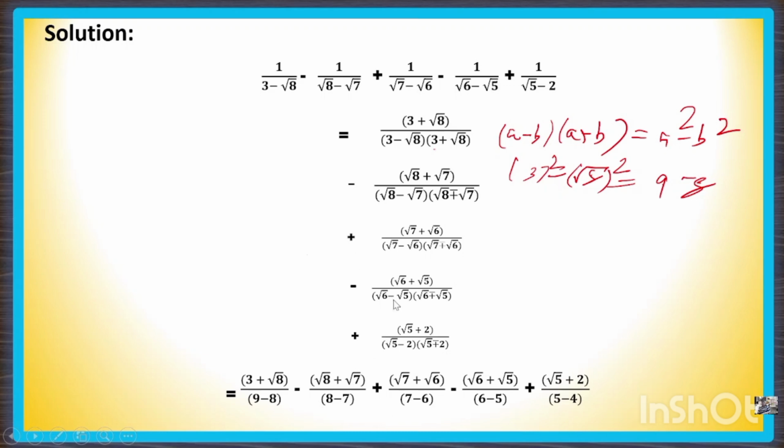Plus sign, root 7 plus root 6 divided by root 7 square minus root 6 square, which is 7 minus 6. Minus root 6 plus root 5, in a similar manner, root 6 minus root 5 whole into root 6 plus root 5, which is root 6 square 6 minus root 5 square is 5.